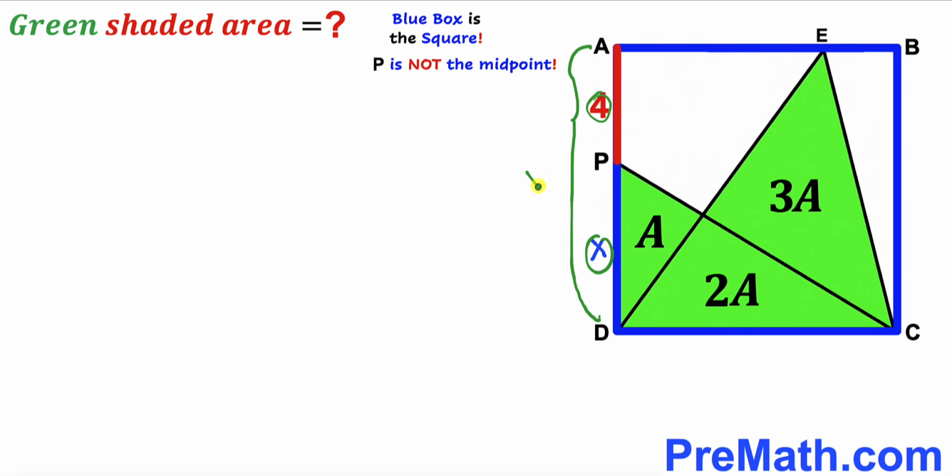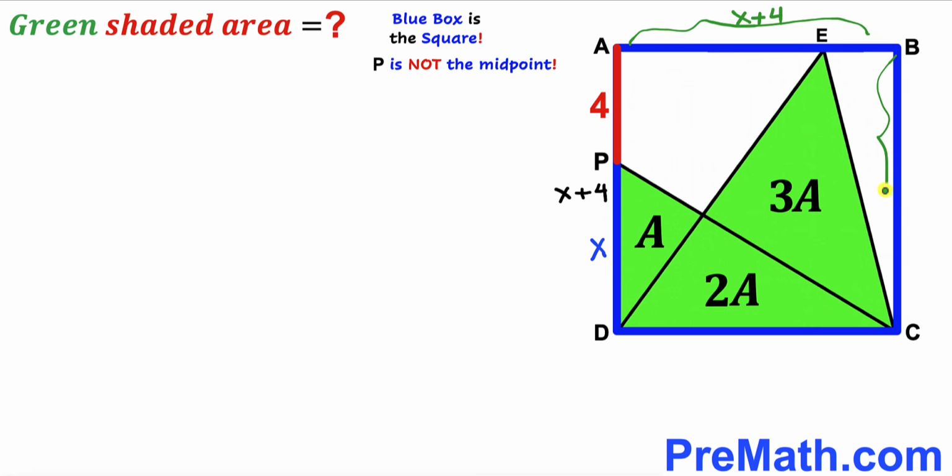Since we are dealing with a square, this side is X plus 4, this side is X plus 4, and finally this side is X plus 4 as well.